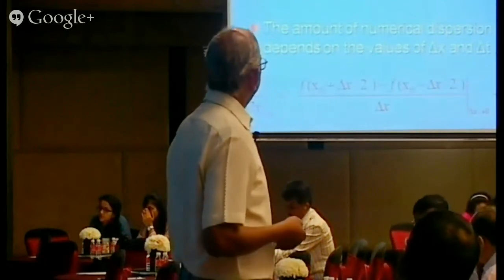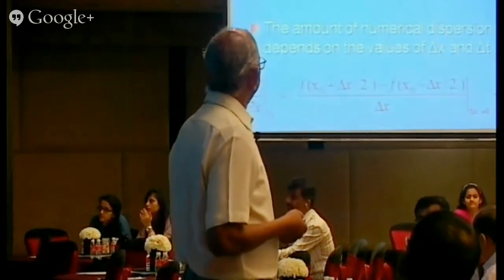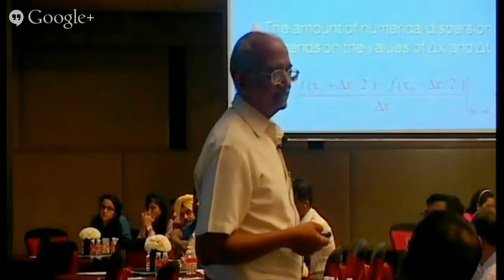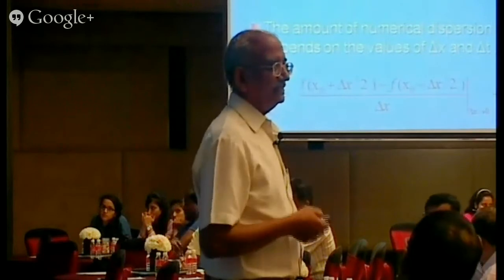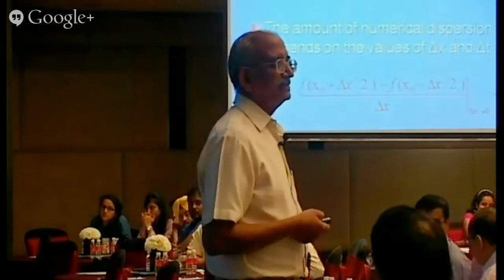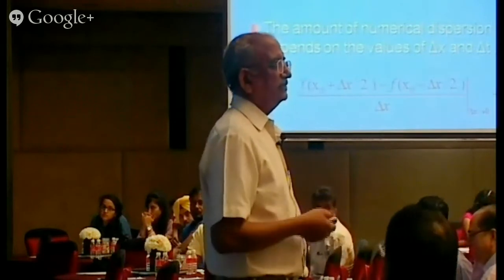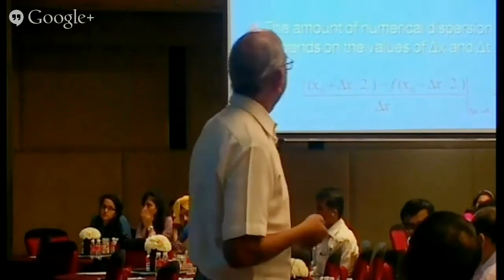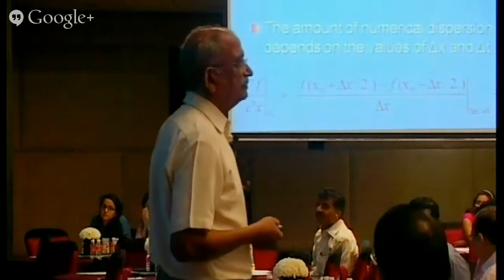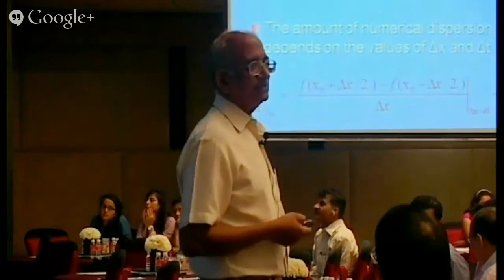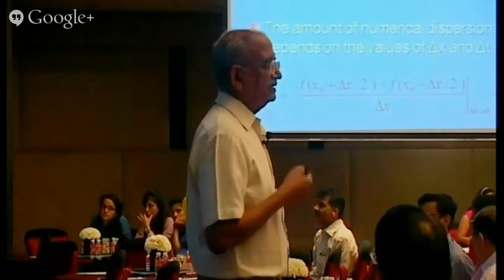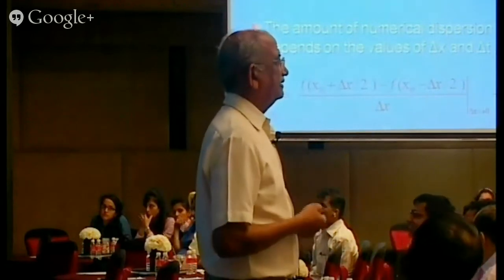And we call it numerical dispersion, because even if you have a medium which is dispersionless, these errors will create a solution which is going to have a dispersion behavior because of these errors. So that's why we call it numerical dispersion. Actually, it is not an actual dispersion. Medium may be dispersionless, but the solution is dispersive.